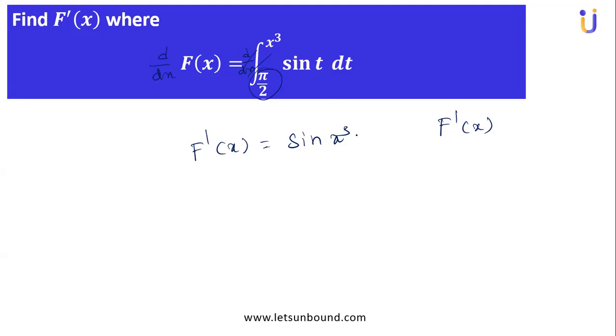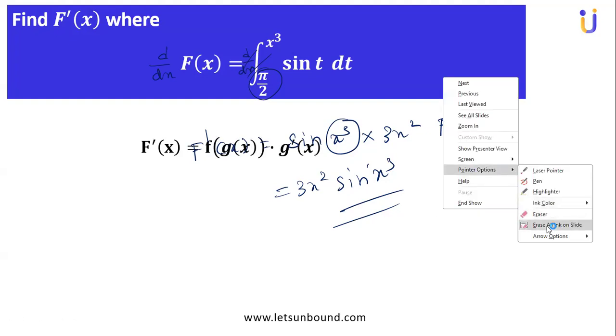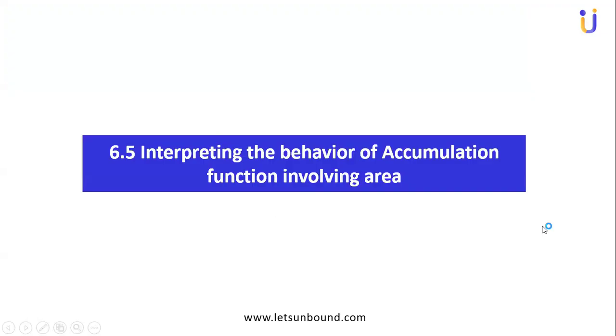So sine of x cube times, it's not just x, right? So you have to do this: 3x square times sine of x cube. This is the connection in the FTC, the accumulation function and the derivative and the integral. Okay, here is the solution. You can see how simple it is.